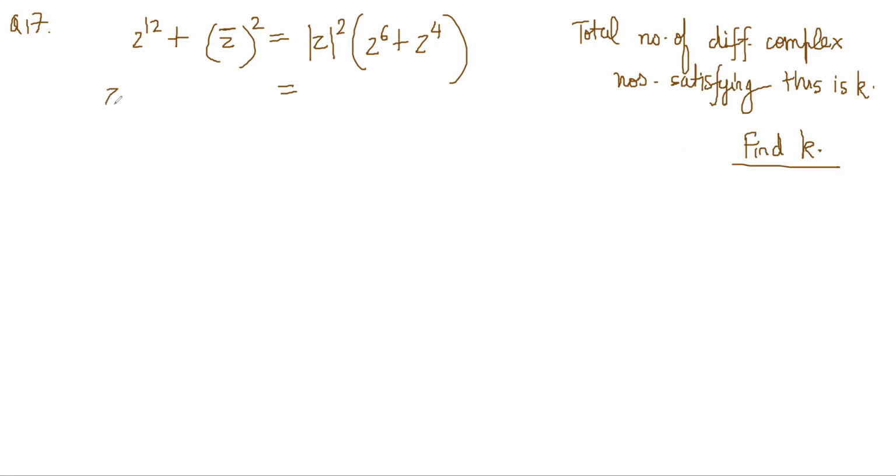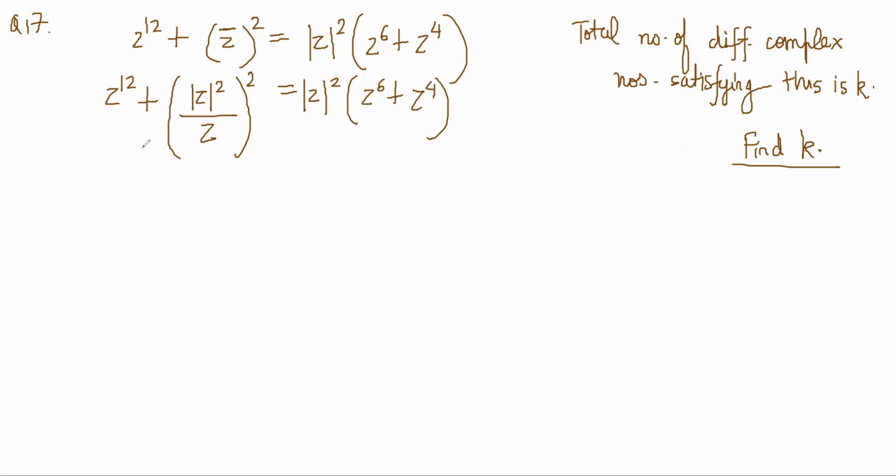So this is z power 12 plus mod z square by z whole square, mod z square, z6 plus z4. So z square plus mod z to the power 4 by z square.